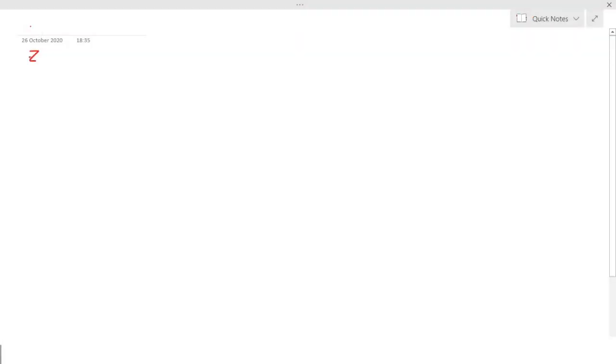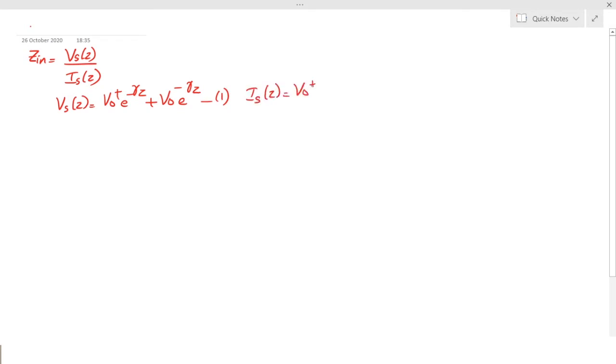Let's take Zin as V(z) divided by I(z), and the equations are: V(z) is equal to V0 plus e raised to minus gamma z plus V0 minus e raised to gamma z. This is equation 1. And I(z) is equal to V0 plus by Z0 e raised to minus gamma z minus V0 minus by Z0 e raised to gamma z.